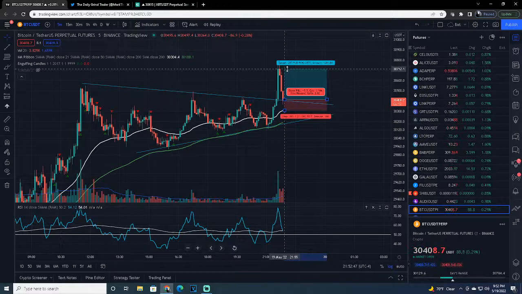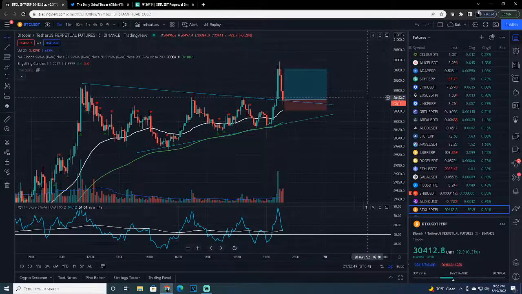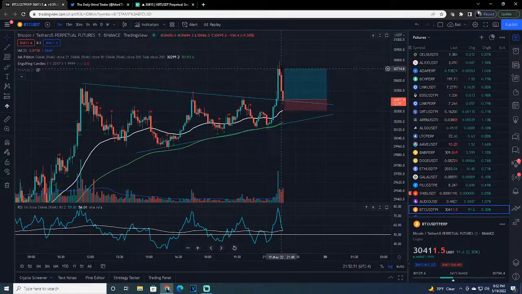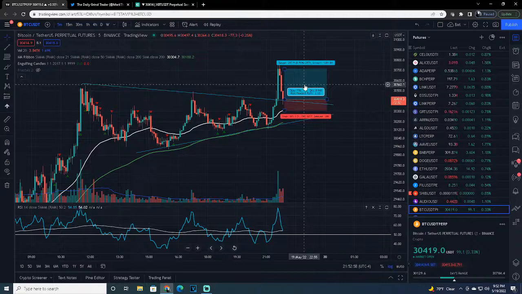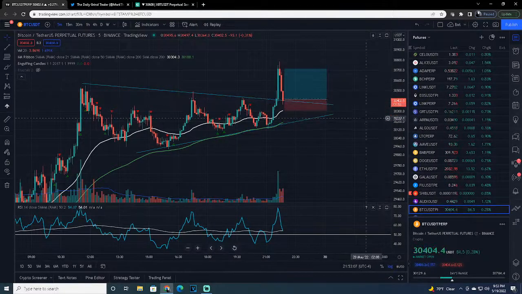I'm going to go at least back to this peak and see if we at least get a double tap, and then it'd be a 2.82 to 1 reward to risk ratio, if it plays out. I'm not sure that it will.